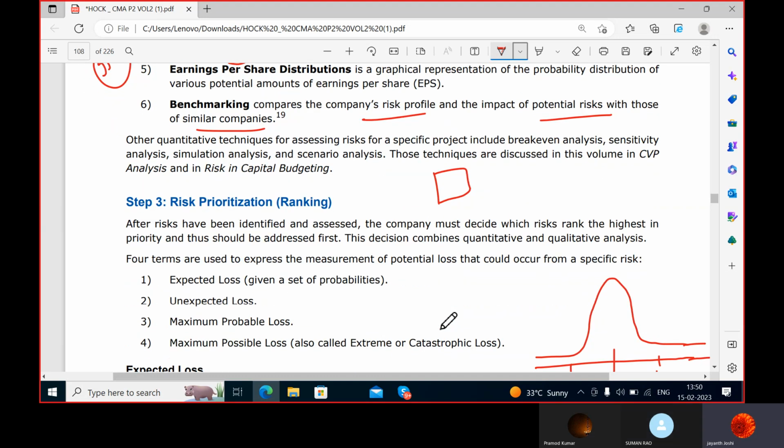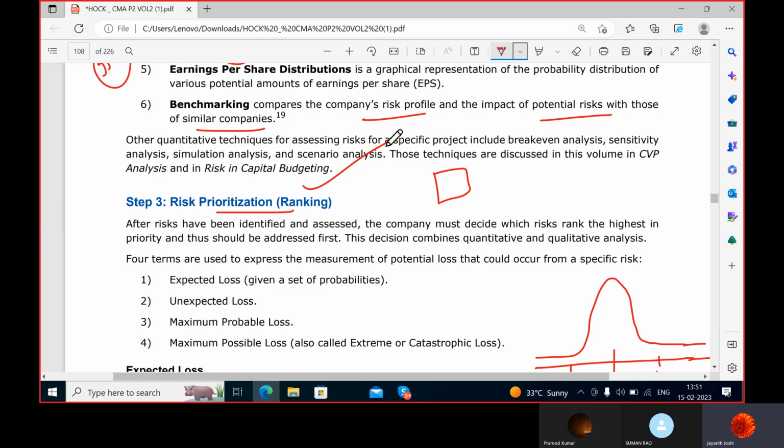Next, risk prioritization, or giving priority to those risks which are very deadly, or very harmful, which can have a high monetary impact, or which can cause bigger monetary loss to our business. So we will first give priority to them.